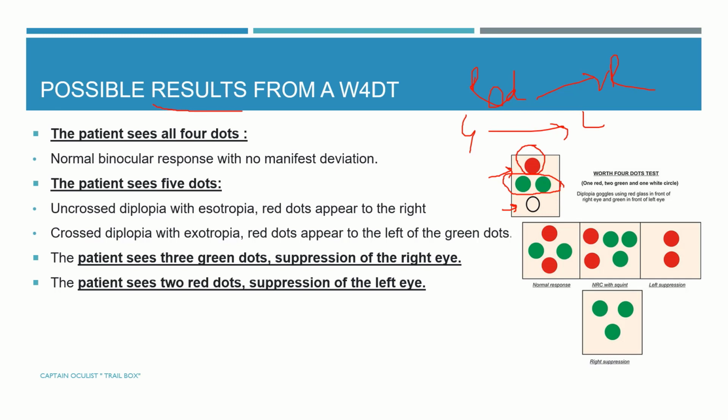We have 4 lights. If binocular single vision is present, all 4 lights are seen. You can see 4 lights if you have single binocular vision. If all 4 lights are seen in the presence of a manifest strabismus, there is an anomalous retinal correspondence.